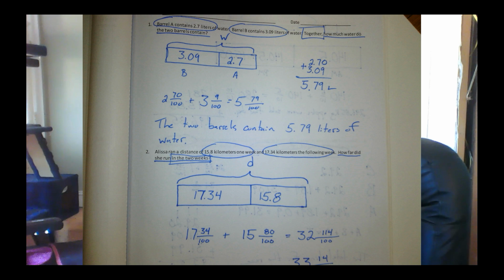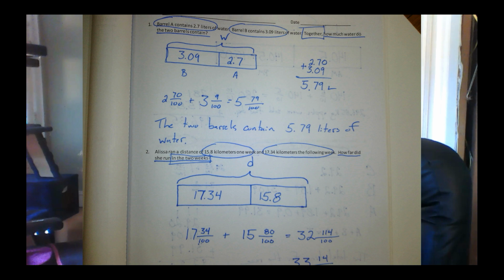Let's not forget liters. And if we're also following the RDW strategy, we read, we drew, and now we need to write that the two barrels contain. And remember, we have to write in decimal form today.